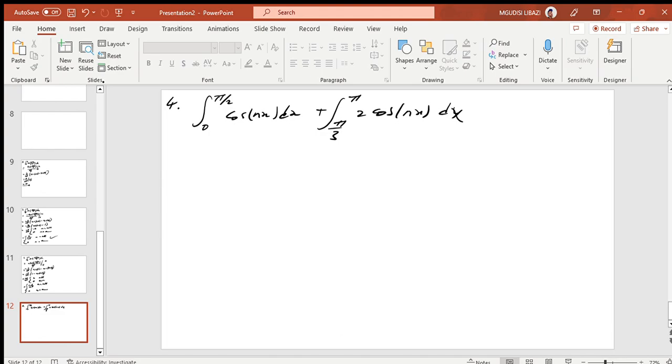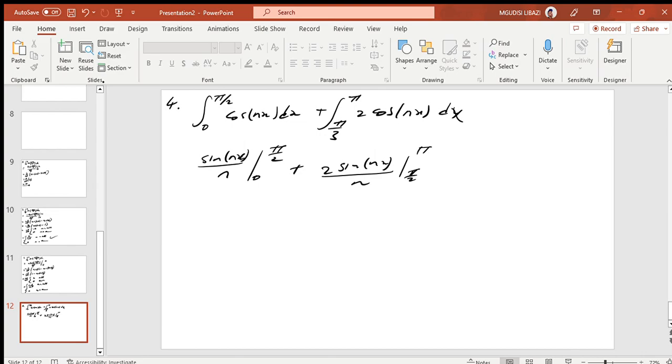So what do we do? We integrate. The integral of cosine will be sine of nx divided by n. Then this is evaluated from 0 to pi over 2. We say plus, now 2 as a constant. The integral of cosine will be a positive sine of nx divided by n, divided by the derivative of the inner function. This is evaluated from pi over 2 to pi.